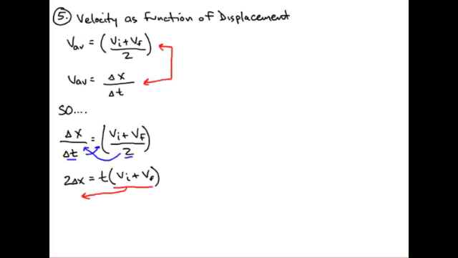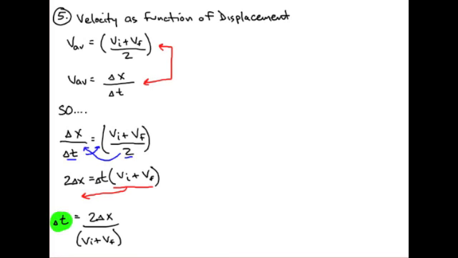So t, or change in time, delta t, is going to be equal to 2 delta x over the whole value vi plus vf. The reason we solve for t right here is because we're going to use that a little bit later.